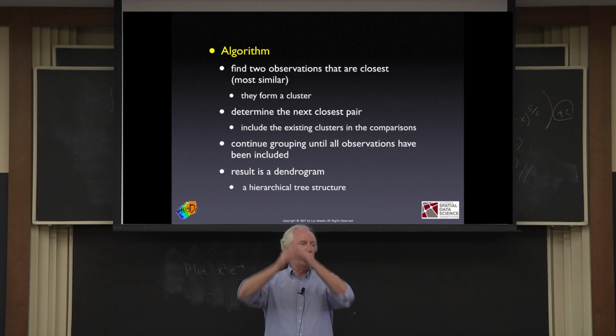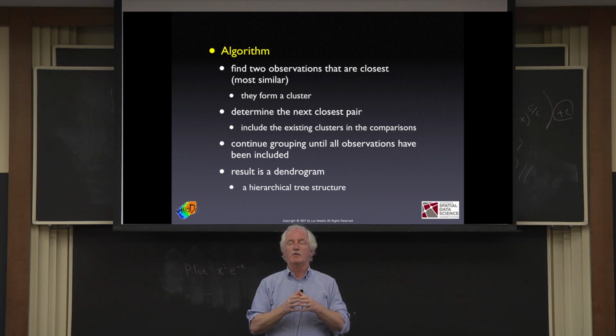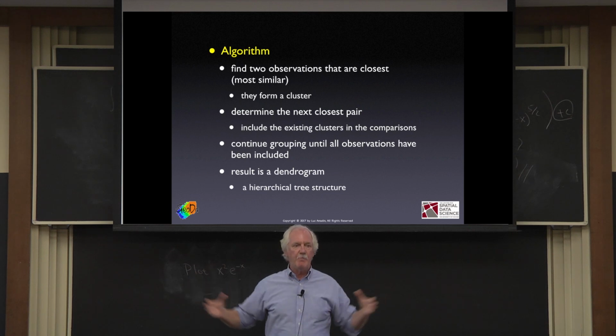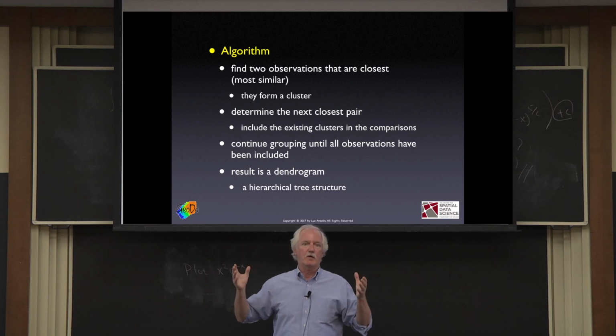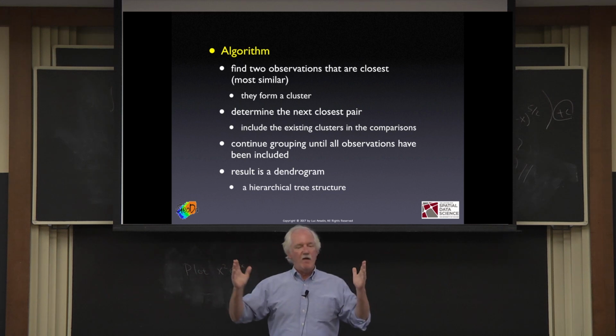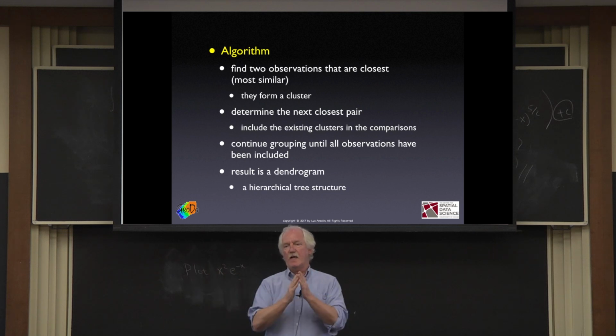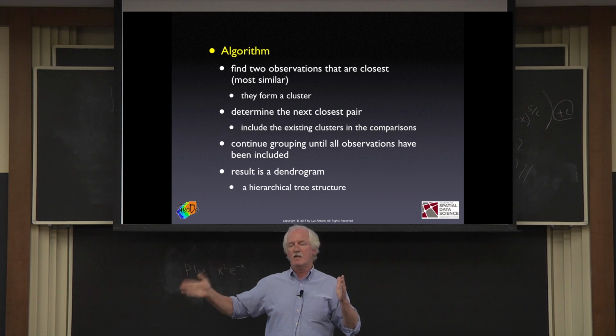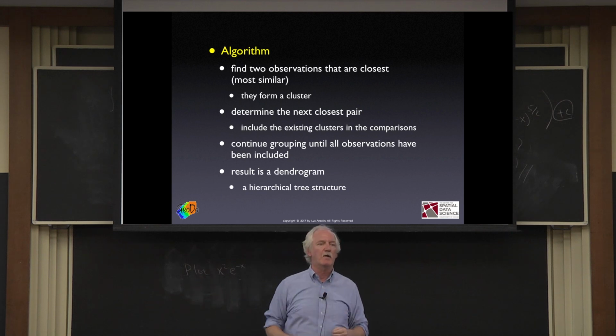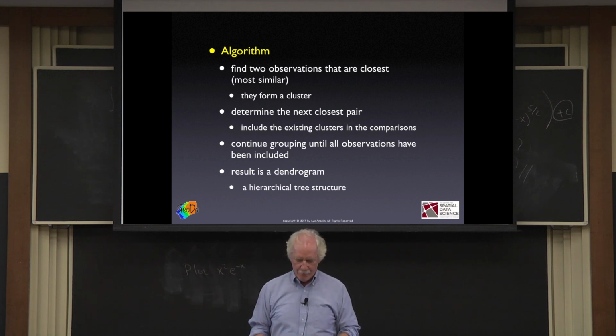At the other extreme, everything is in 1 cluster. Within-group dissimilarity is the same as the total variance, and between-group dissimilarity is 0, because there's only 1 group. So everything in between is a compromise between having every observation by itself or putting them all together into 1 cluster.